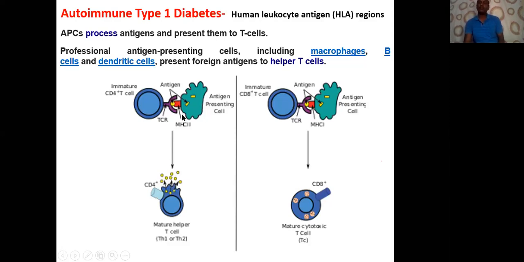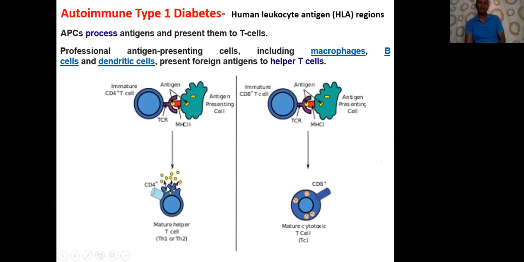So first, before recognizing the antigens, whenever a virus enters the body, antibodies will not be produced immediately. In order to produce the antibodies, so that the pathogen can be removed from the body, first that antigen has to be presented to the T cells. The antigens are presented by macrophages, B cells, and dendritic cells. These cells process the antigens and present them to the T cells.